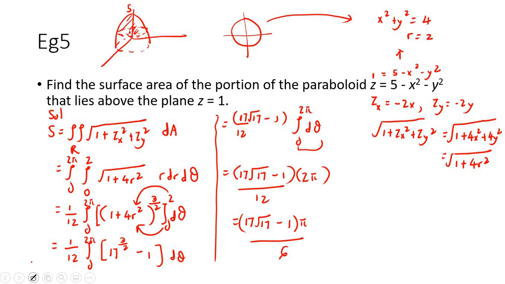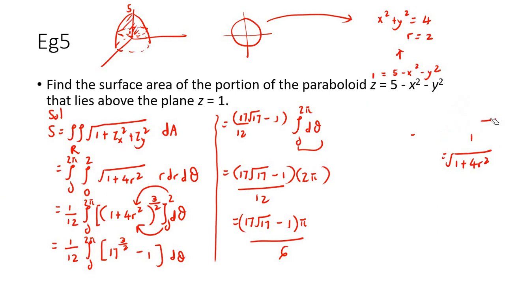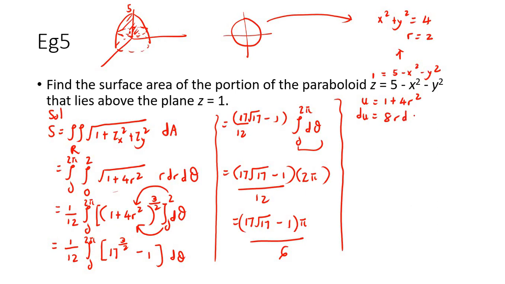Okay, I recall some of you said you don't know how to integrate using substitution techniques. Yes, 3, 4, 5 are actually the same integral. Here, use the substitution technique where u equals 1 plus 4r squared. du is 8r dr. So you notice r dr will be du divided by 8.